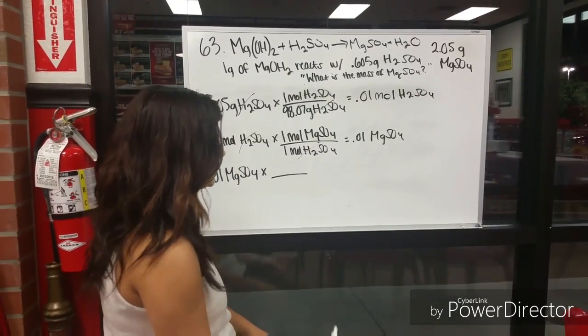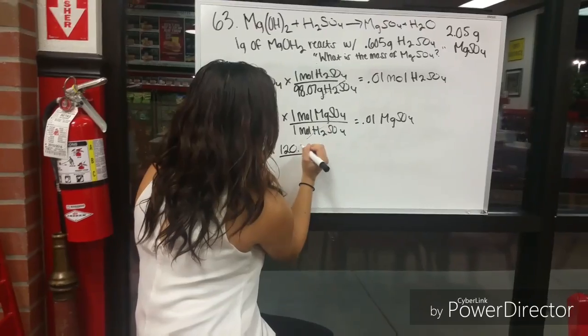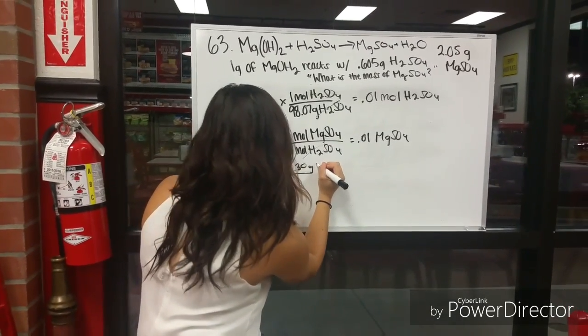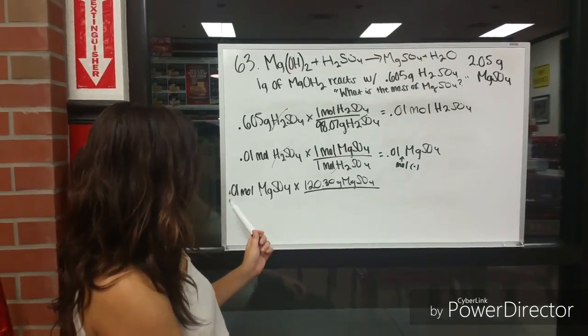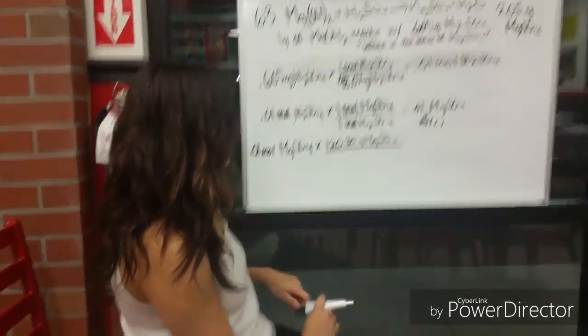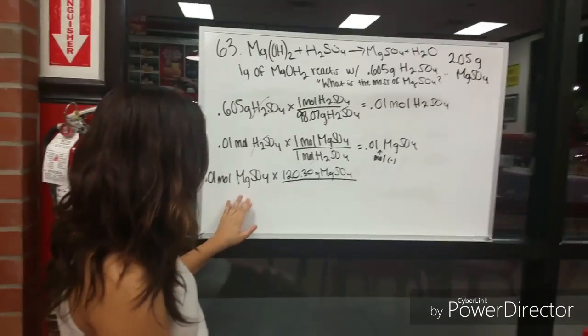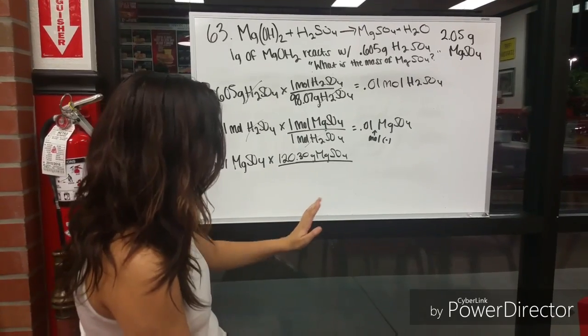We add them all together, and that's going to be 120.38 grams. So we have 0.01 moles of MgSO4, and we're trying to find the gram form now.